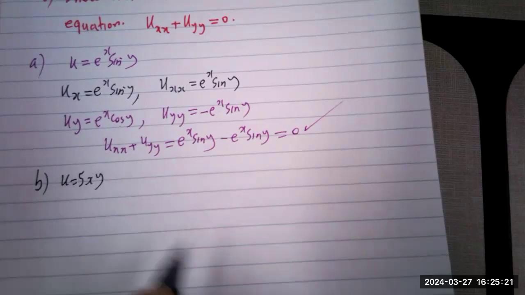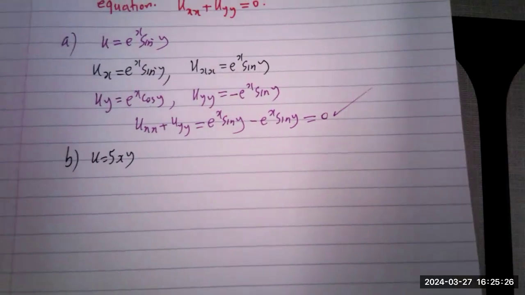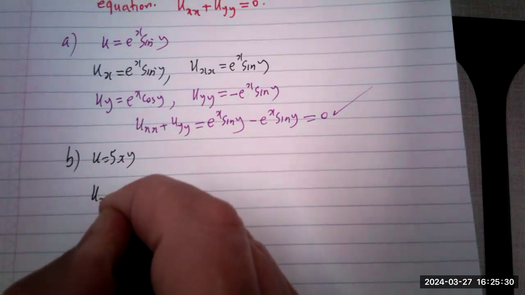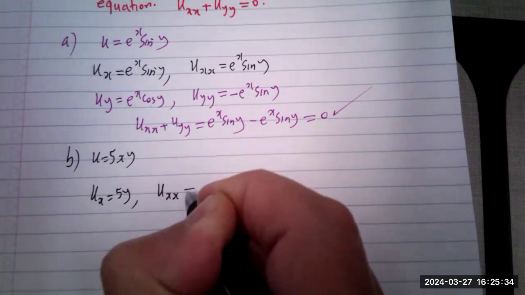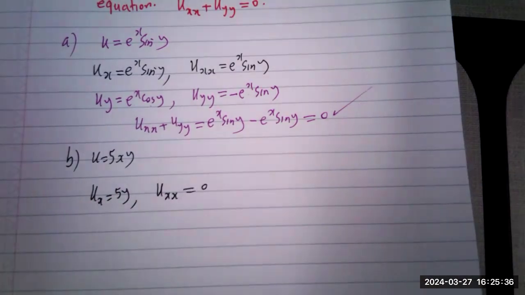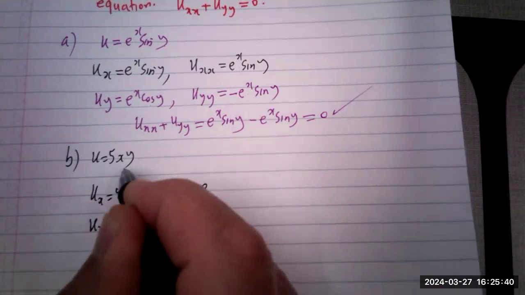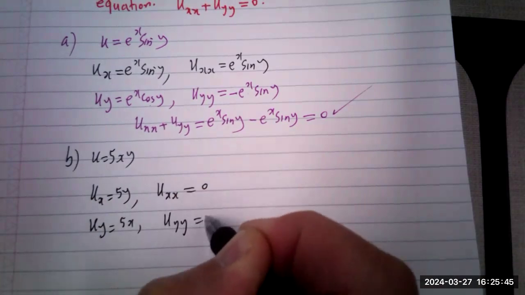See, this is very easy, a polynomial type. Same thing, u sub x, and the derivative with respect to x would be 5y. uxx, there is no x, so this is 0. Okay, uy, you focus on y, that gives you 5x, so uyy is 0.